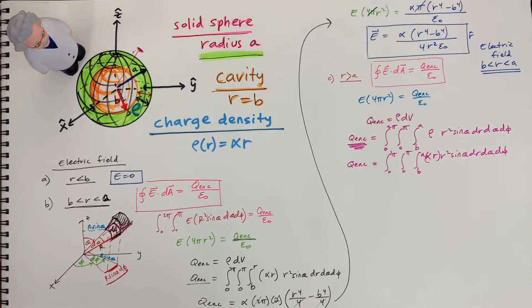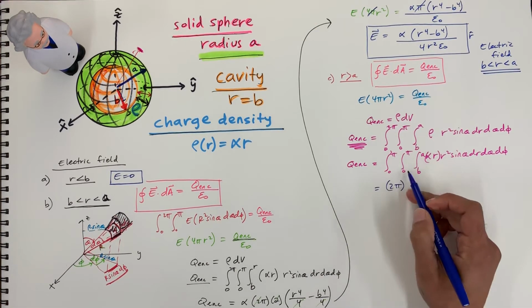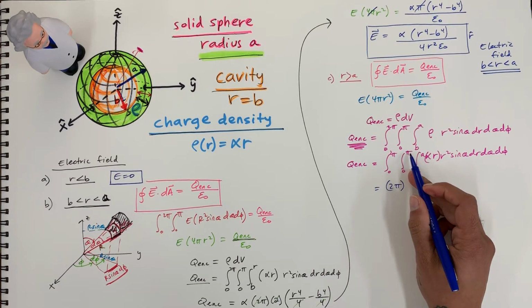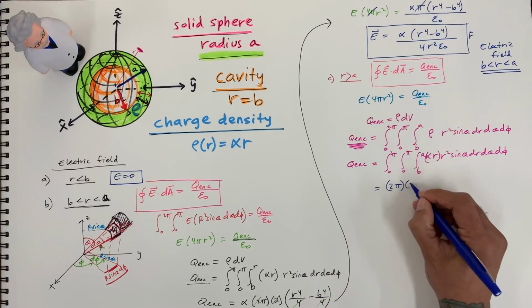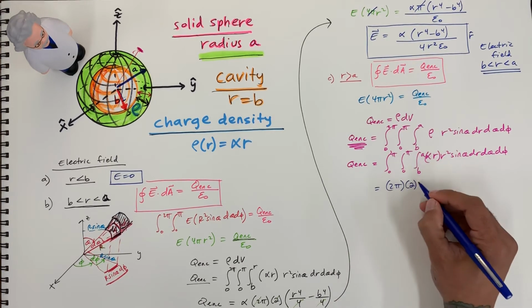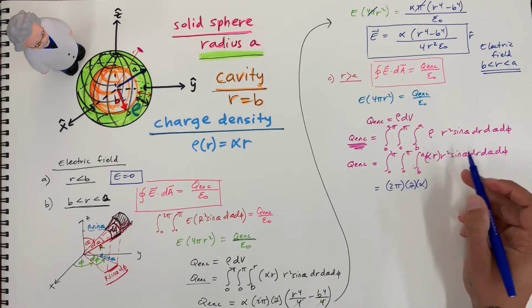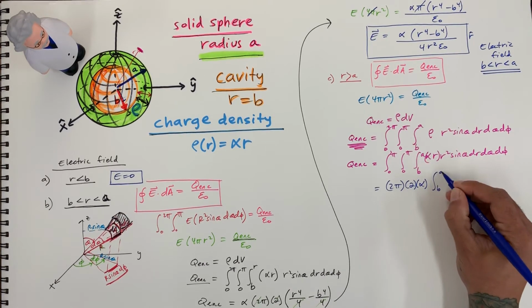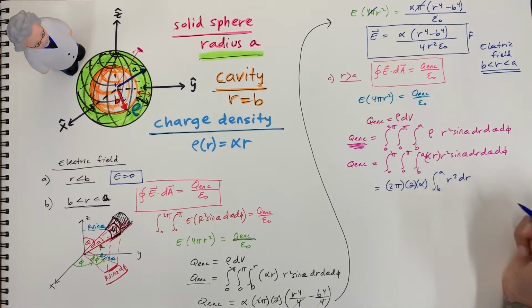All right, so let's evaluate and let's see what we get. For the phi, we're going to get 2 pi. For 0 to pi, integral of sine, we already know it's going to be the same thing, 2. We can take the alpha out, and so now the only thing we have left is the integral from b to a of r to the third dr.